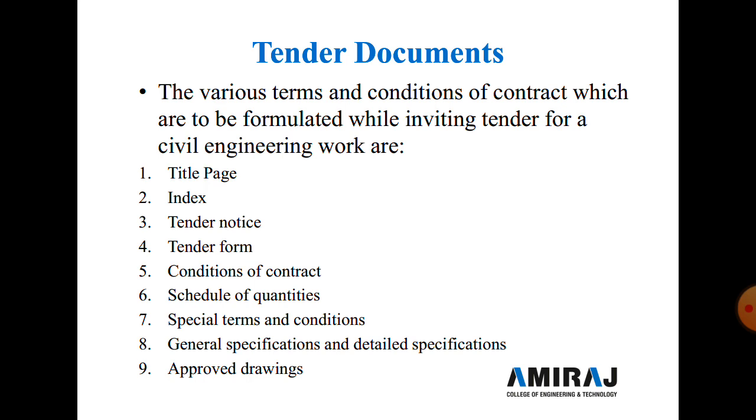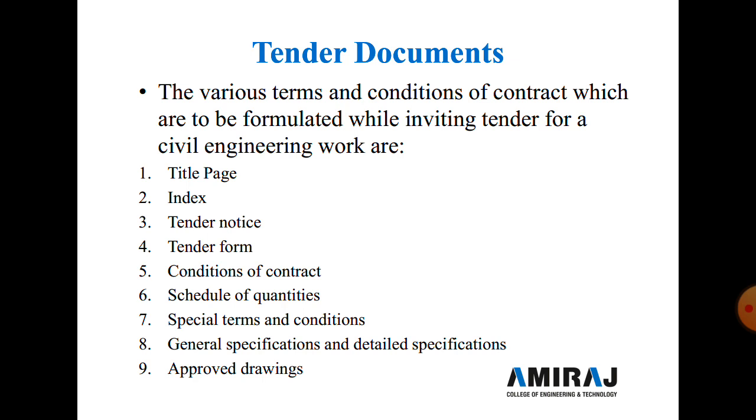Now fourth is the tender form. Already we discussed what is tender form. This document is essential for making all the tenders uniform and similar in nature, and it is a printed standard form of the contract, giving the standard conditions of contract, general rules and regulations, and direction for the guidance of contractors.